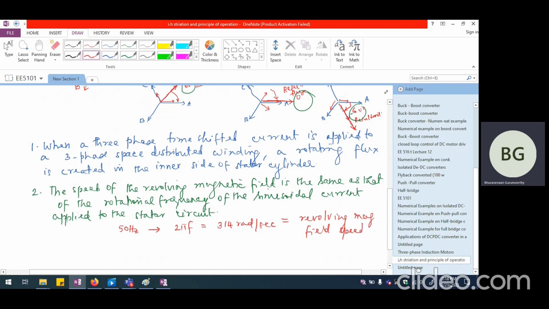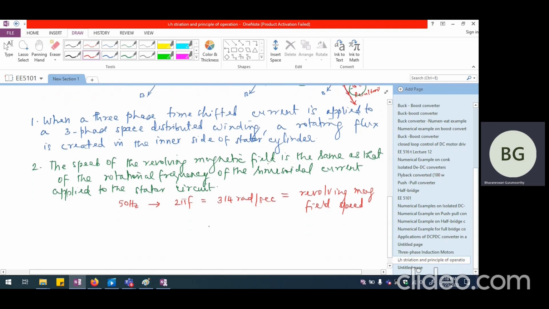So the magnetic field speed is determined by the frequency of the applied current or applied voltage. Now, if this is the stator, we are creating a revolving magnetic field somewhat like this, and this is working at 314 radians per second.